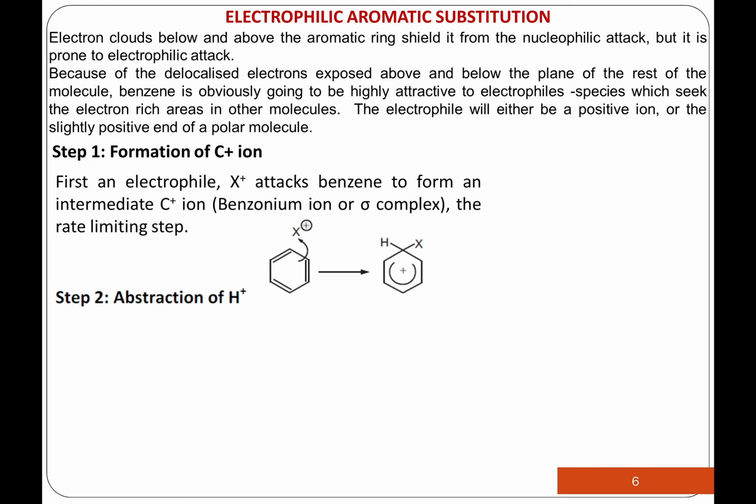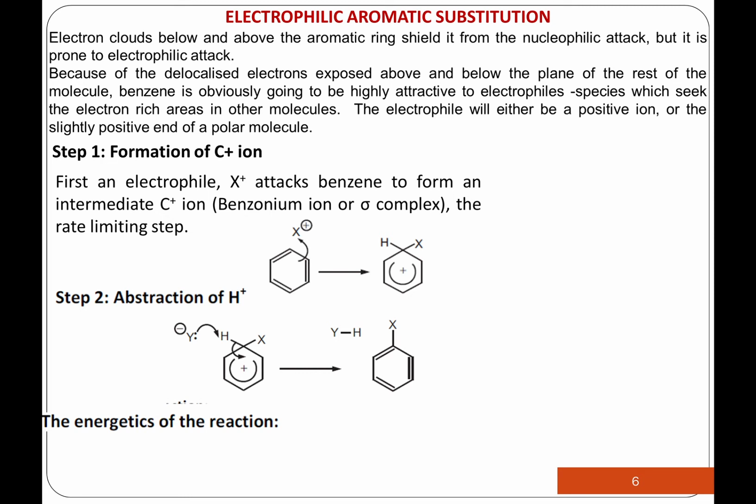The next step is very fast. The conjugate base of that electrophile, which is roaming around, leads to the abstraction of the proton and thereby stabilizes the product. See, this conjugate base has abstracted the proton and it stabilizes the product.